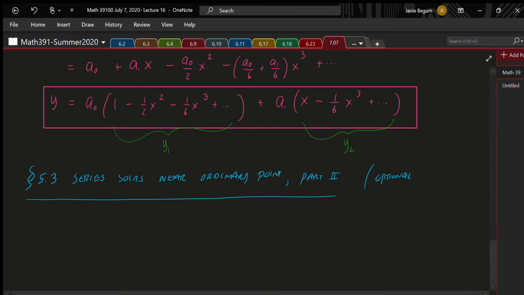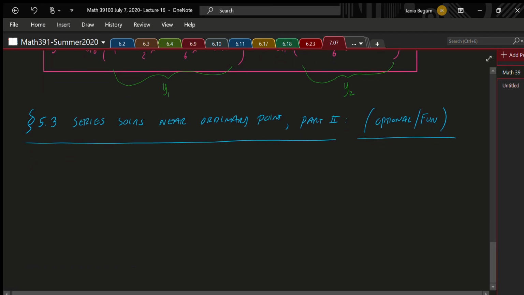This is also a fun way to get coefficients, but it's really optional because you really need to know 5.2. That's mandatory. So we're going to borrow the Taylor expansion one more time, the formula we got in the previous section, 5.1, when we reviewed power series.